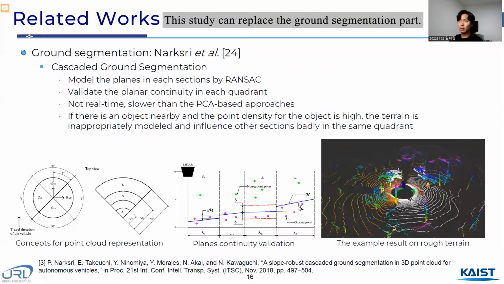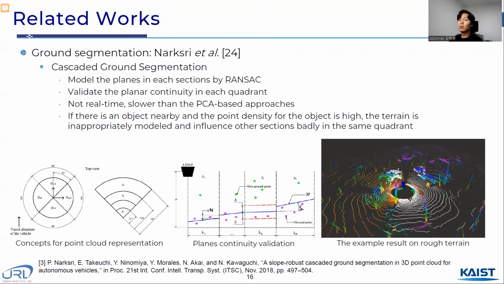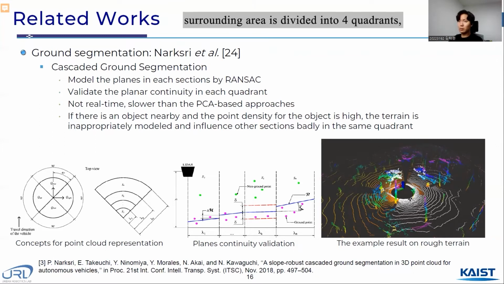This study can replace the ground segmentation part. Unlike the previous study, ground segmentation is performed through RANSAC-based planar modeling. As shown in the picture on the left, the surrounding area is divided into 4 quadrants, and the ground modeling is performed considering the continuity between each quadrant by dividing it into several sections.